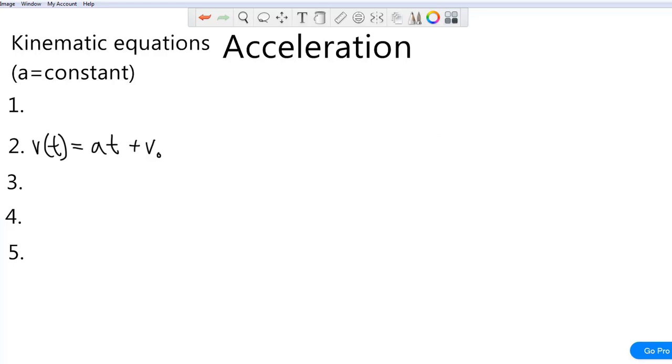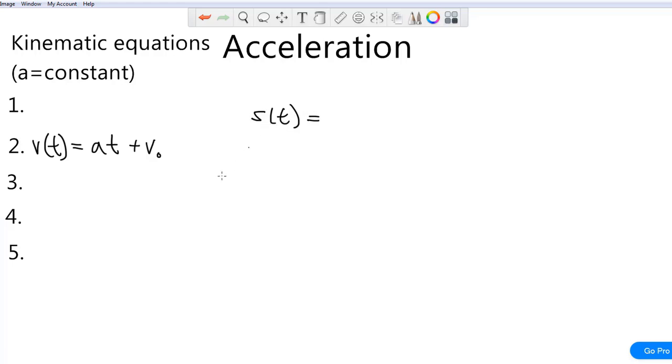Okay, so what happens when we integrate even further than that? s of t is then the position. I could use an x or y, it's the same thing. s is just distance in general.